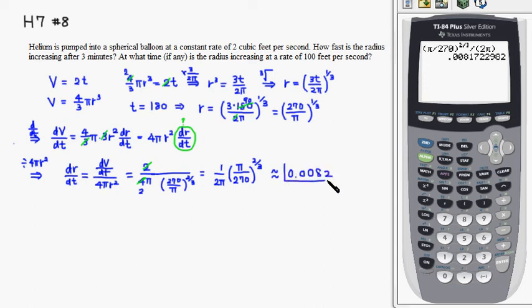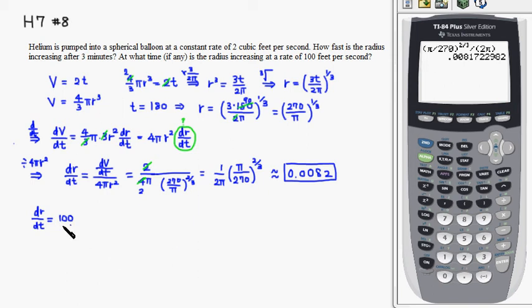So that was that. For the second part, we already know that the radius is increasing at the rate of 100 feet per second. So we already know dr over dt is equal to 100.